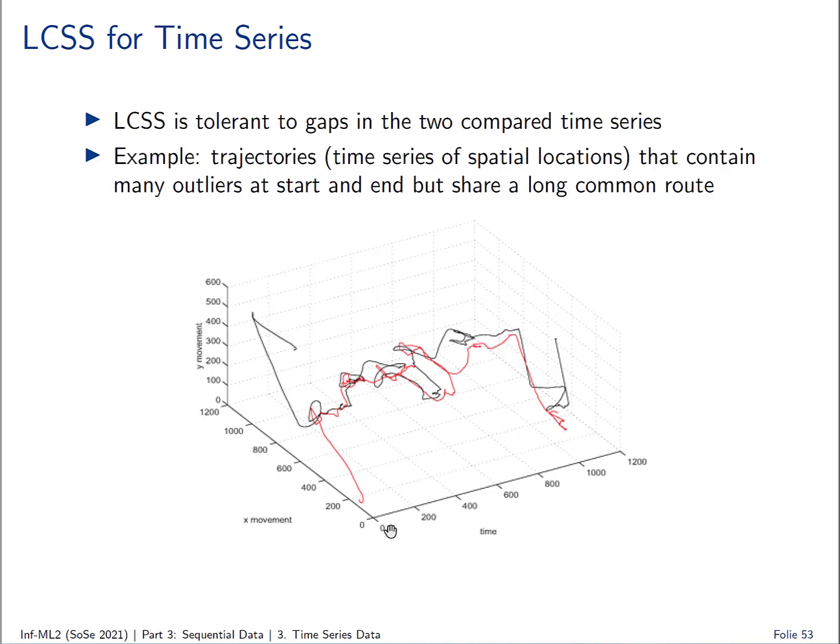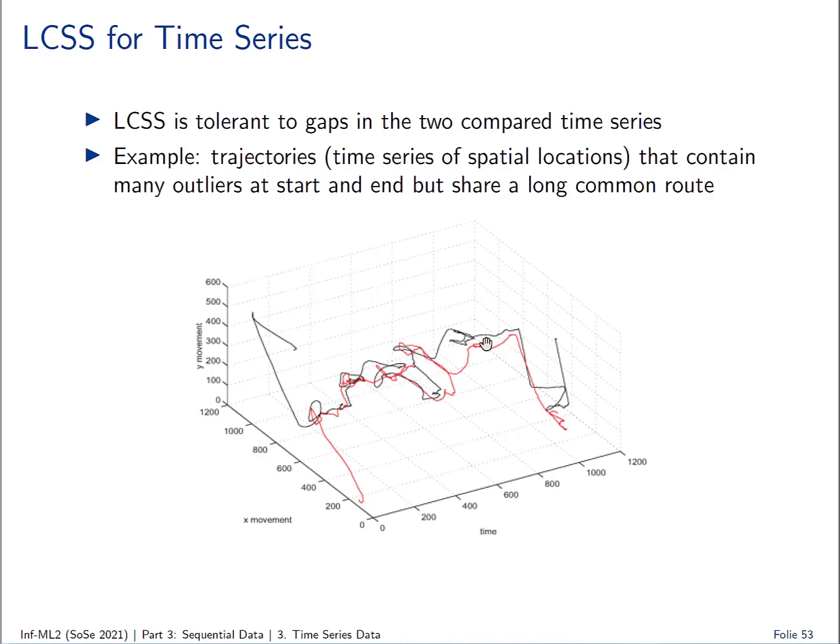That could be especially interesting if you compare trajectories, time series of spatial locations that contain many outliers at the start, because all these trajectories follow in the middle some common path, but they have different start points and different endpoints. For example, all the commuters to, I don't know, Kiel, they have to go through the Ostring.